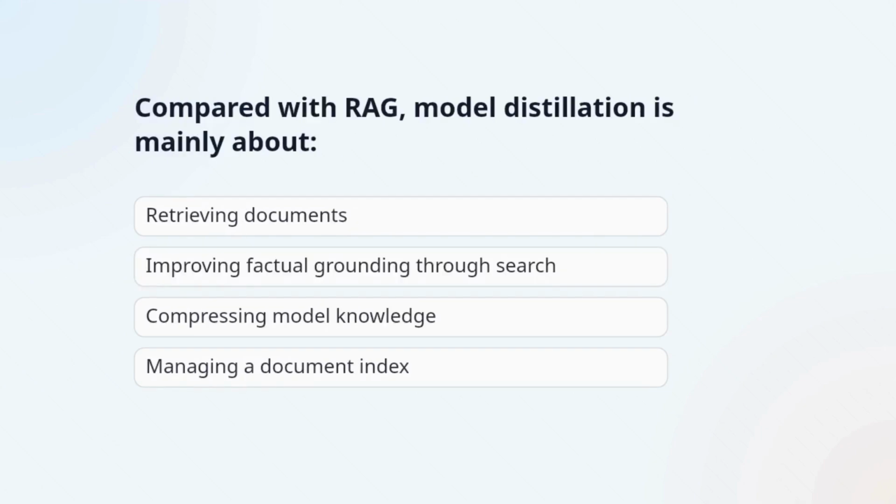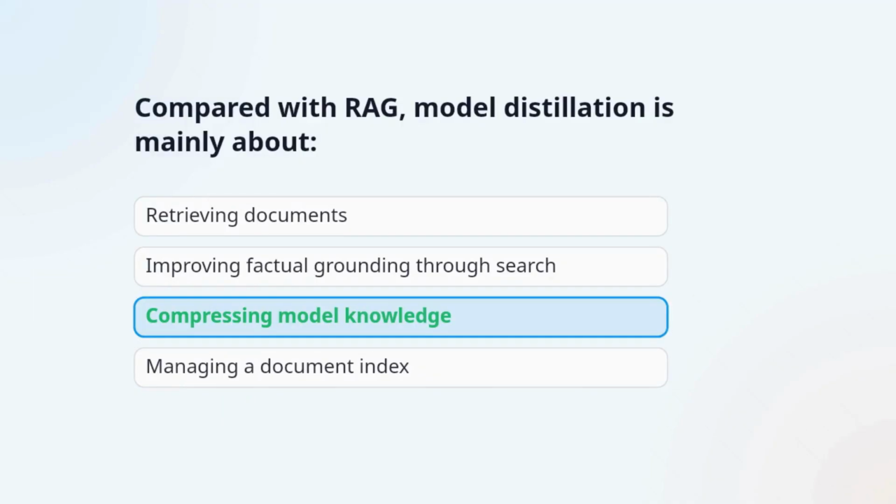Question 3. Compared with RAG, model distillation is mainly about... The correct answer is compressing model knowledge. RAG focuses on retrieval plus generation, while model distillation focuses on transferring knowledge into a smaller model.